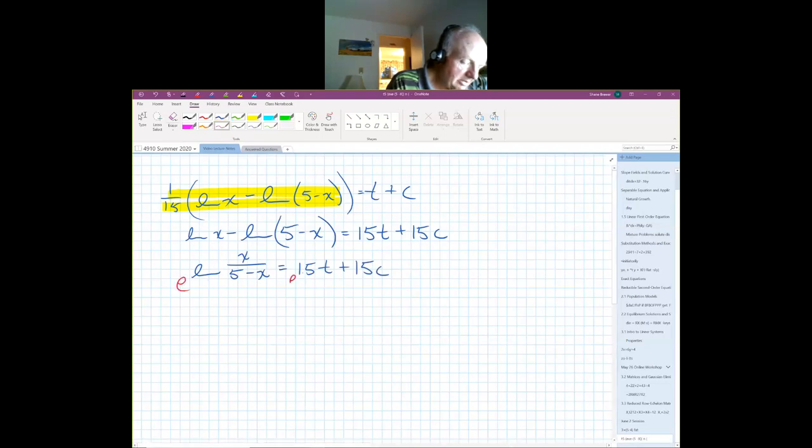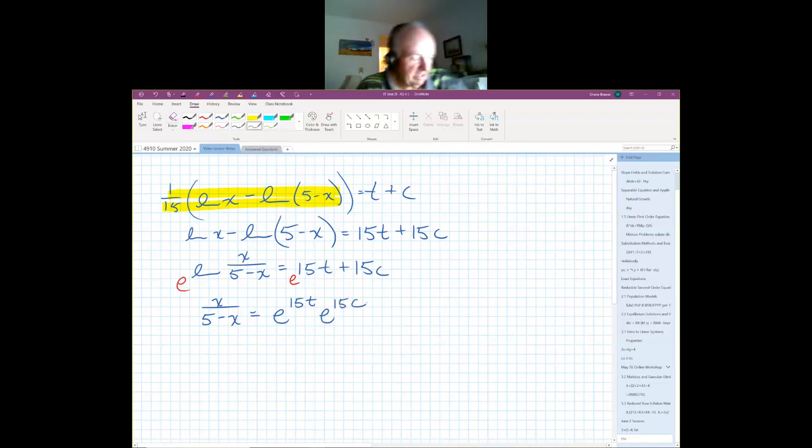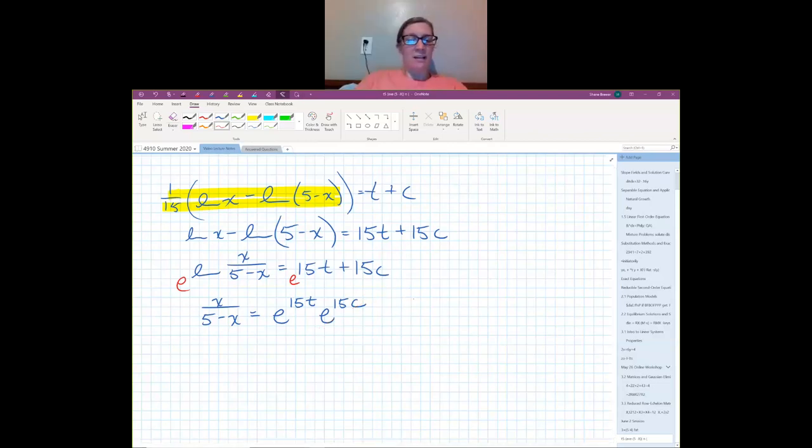And e raised to both sides now gives us x over 5 minus x equals e to the 15t, e to the 15c. Okay, we're going to keep that there for now. We're not going to simplify it because we don't want to. We're going to keep the e there.